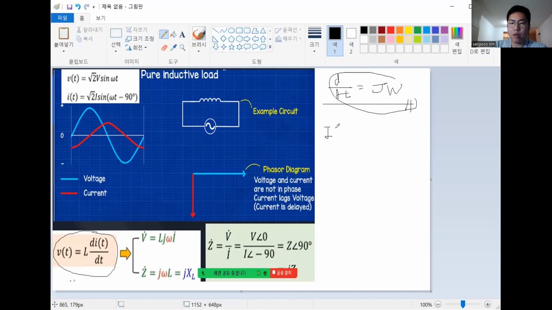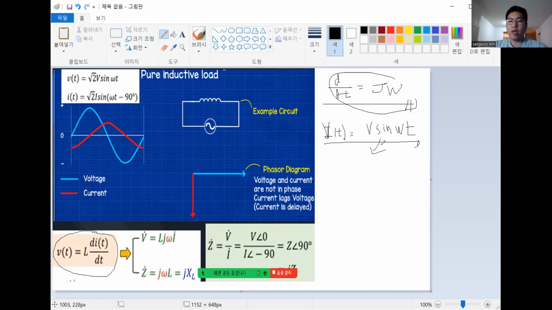Okay, for example, v(t) equals V sine omega t, right?